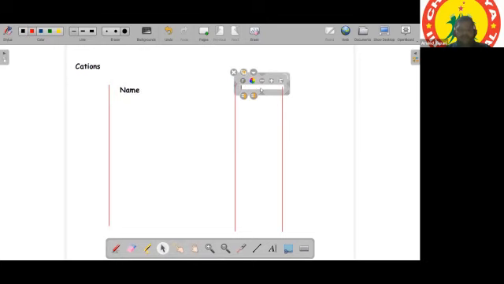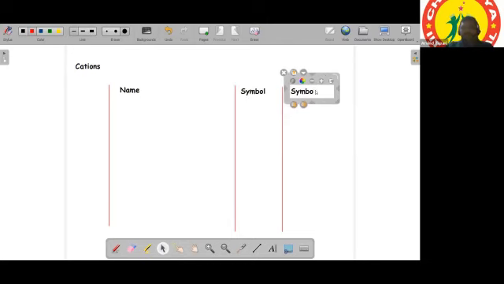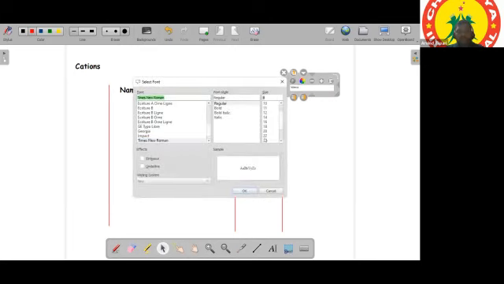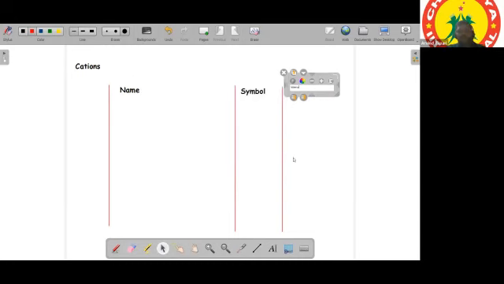Name and symbol, and valency. Let's say, for the hydrogen ion, just wait 1 minute.